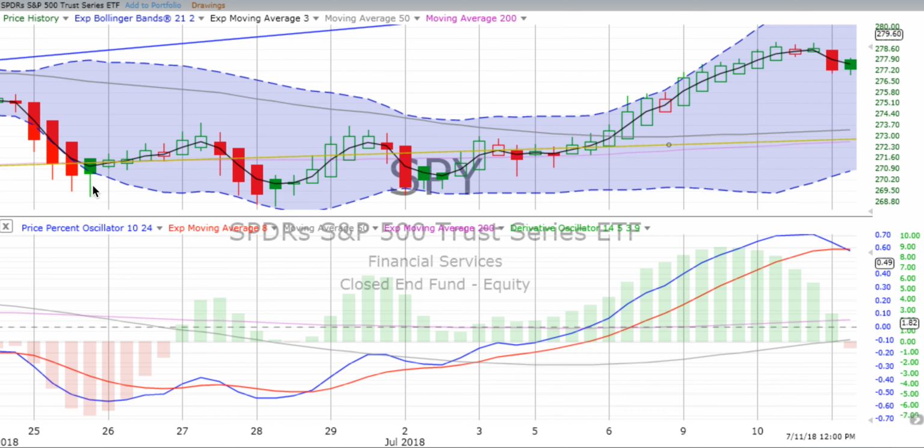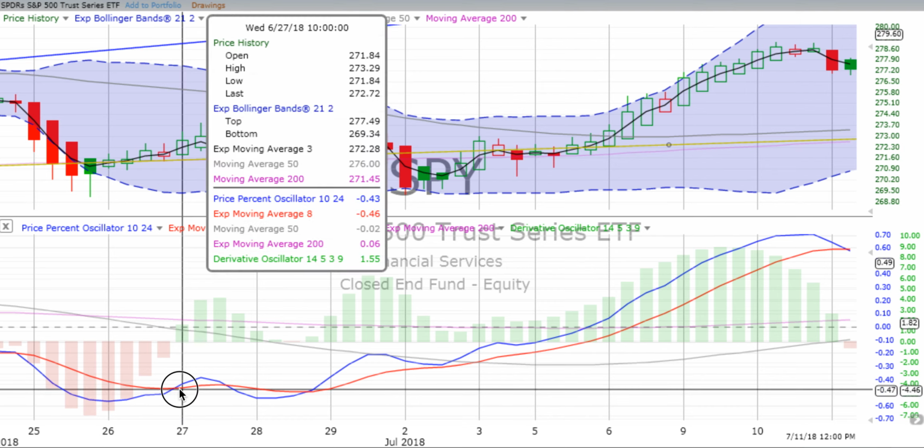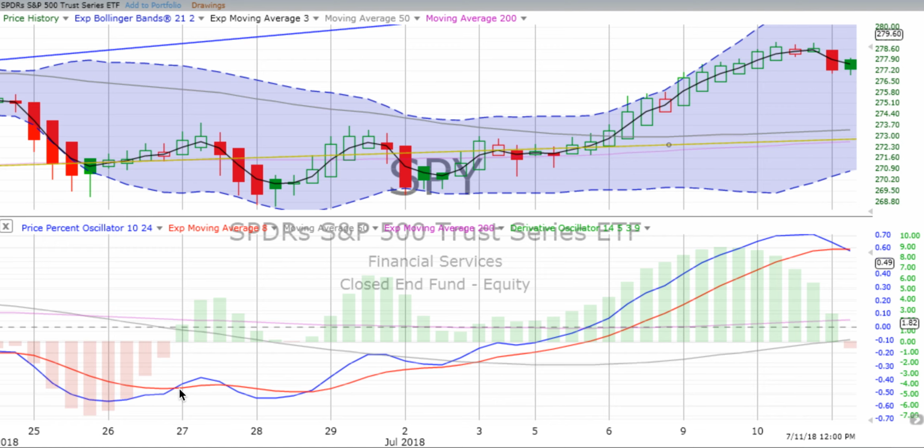When that happens, if you have a solid green candle, it means that your strong down movement is coming to an end, followed by a green open box candle and the derivative oscillator losing downward momentum, starting to move up, and at the same time your price percent oscillator starts to move up. And of course even a crossover going up, which is typically a good sign.